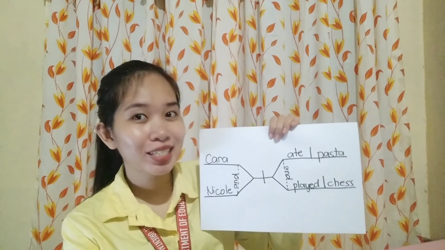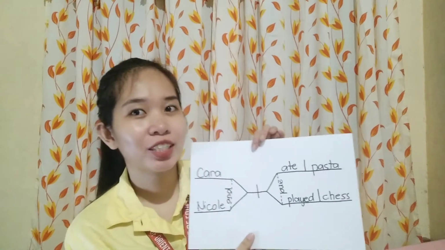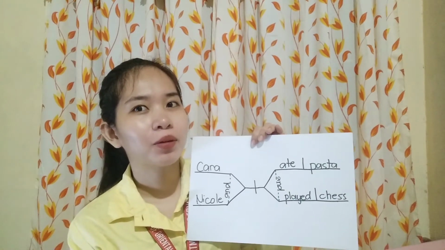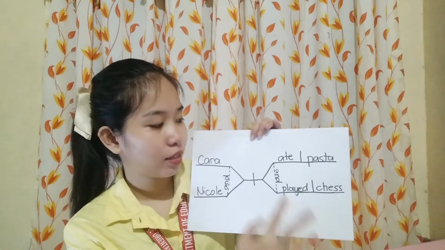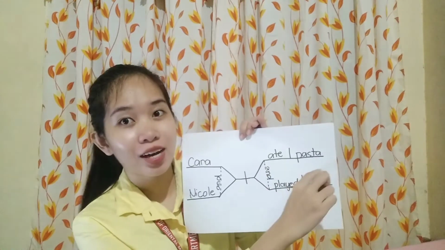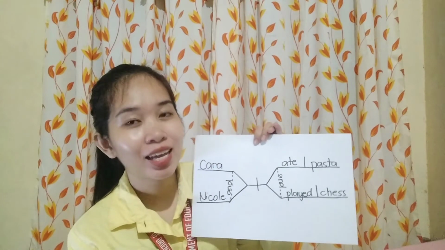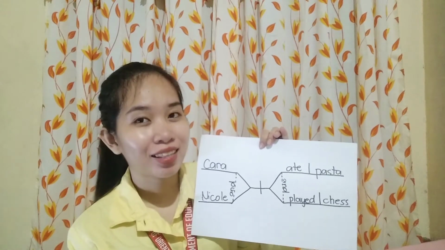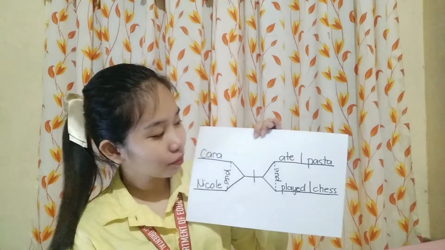So, of course, if you encounter a sentence with only a compound subject, you can't draw a line like this. You can just draw a straight horizontal line and apply the sentence diagramming rules.